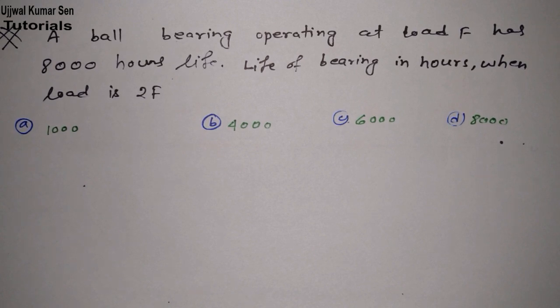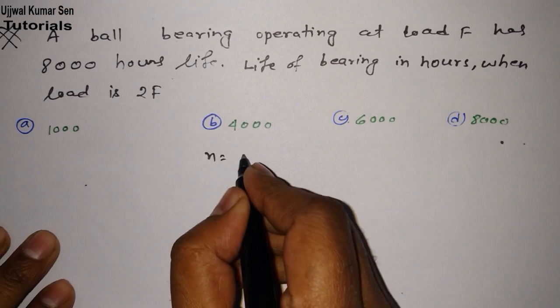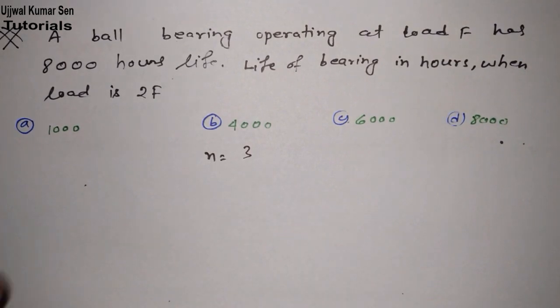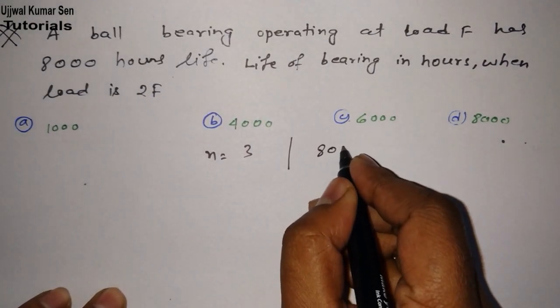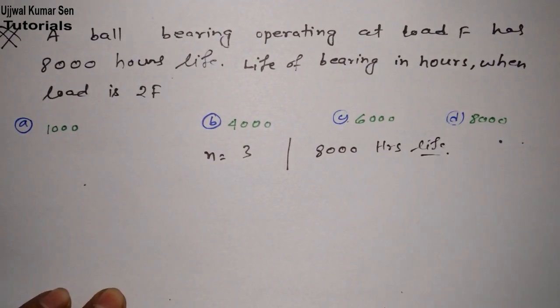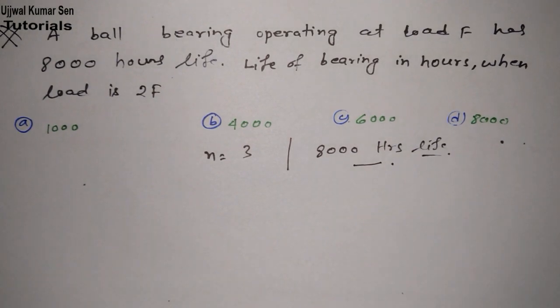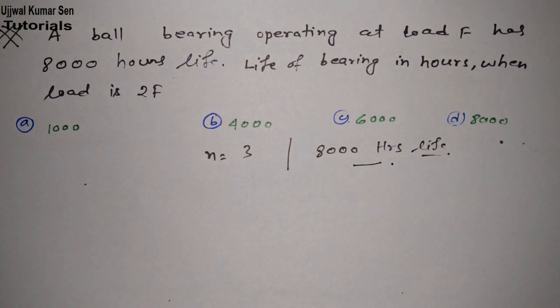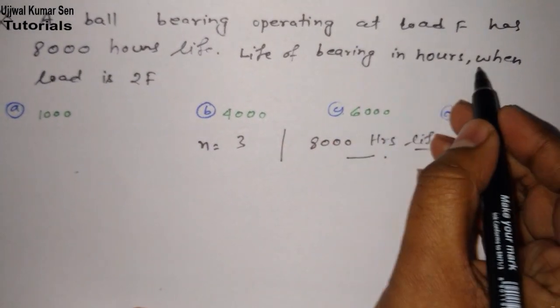In this question they have asked about a ball bearing, that means we can write N is equal to 3. Now, at load F it has 8000 hours life. So L is equal to 8000, life of bearing in hours.